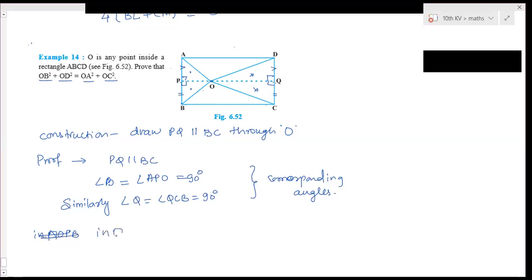So in quadrilateral PQCB, PQ is parallel to BC and PB is parallel to QC. Therefore, PQCB is a rectangle, and therefore PB is equal to QC.